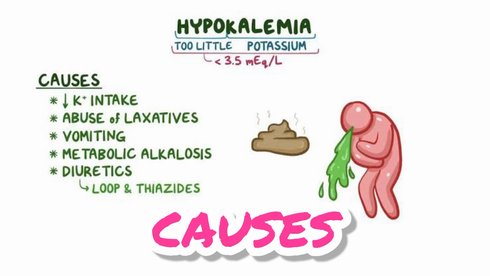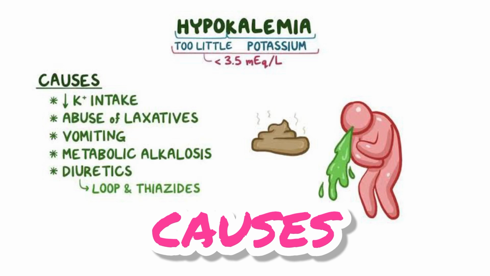The next one is diuretics, that is loop diuretics or thiazides. As you know, in our previous video on hyperkalemia, we discussed diuretics. We give diuretics to the patient as a medication or treatment in case of hyperkalemia, so that urine production will increase and the extra potassium will be removed from the body. But in hypokalemia, diuretics sometimes become the main cause.